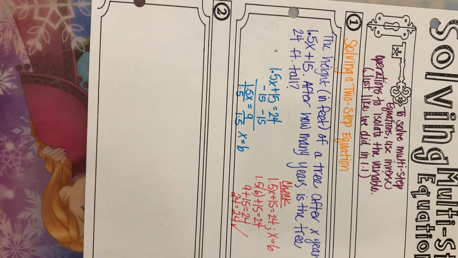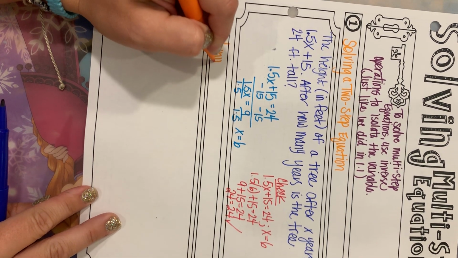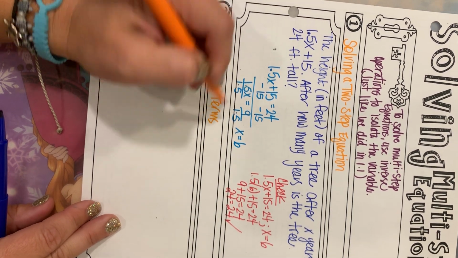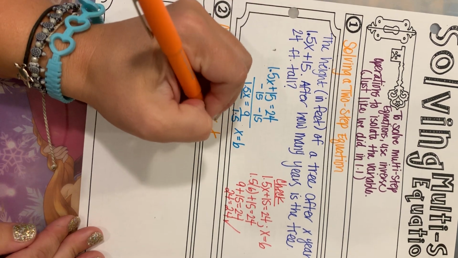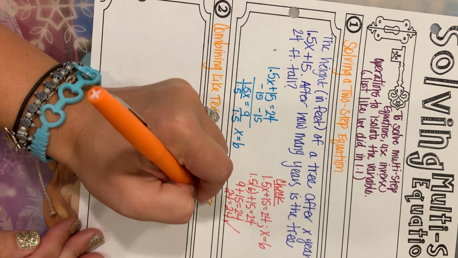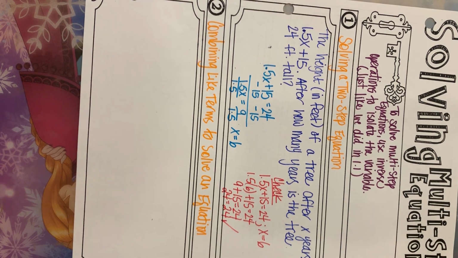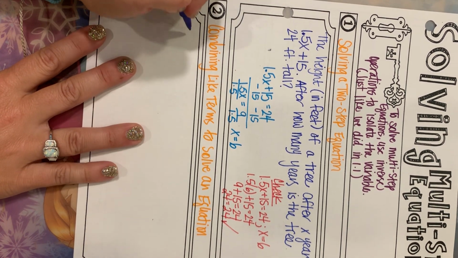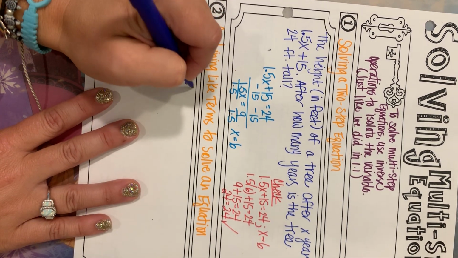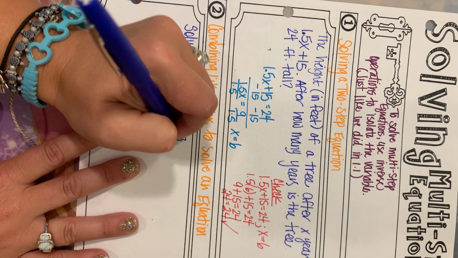So example 2 has us combining like terms to solve an equation. So this one says solve 8x minus 6x minus 25 equals negative 35.